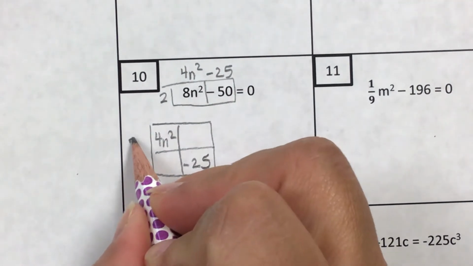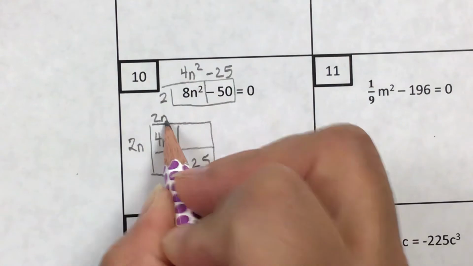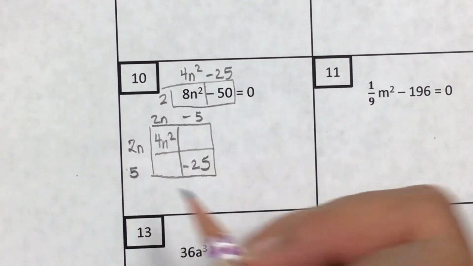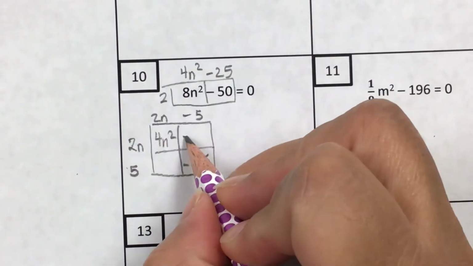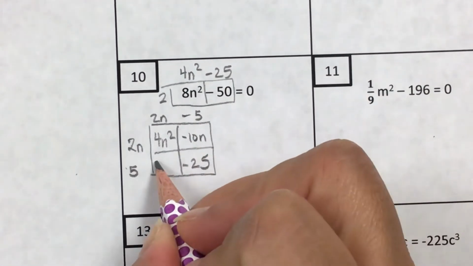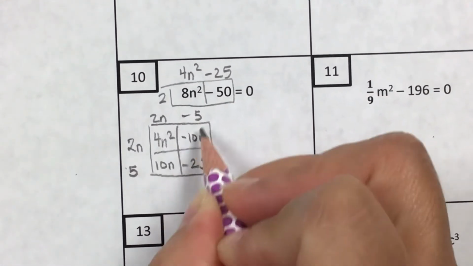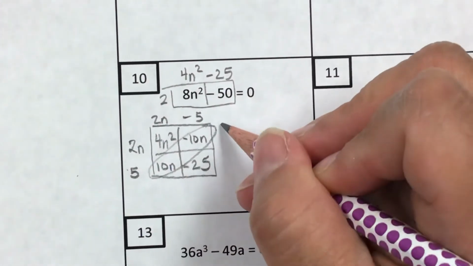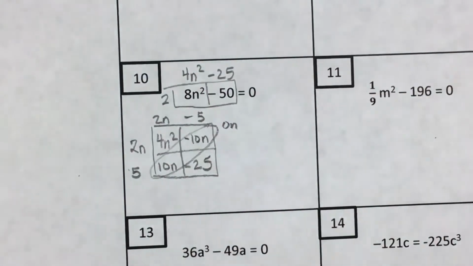I know that this has to be 2n and this has to be 2n. Negative 5 and a positive 5. Give me a negative 10n and a positive 10n, which cancel out. That's what I want. And it works every single time, so this section's a little bit easier.